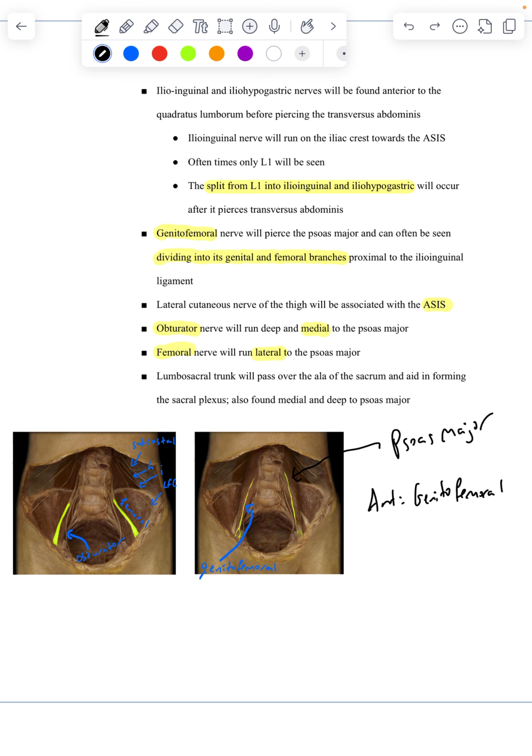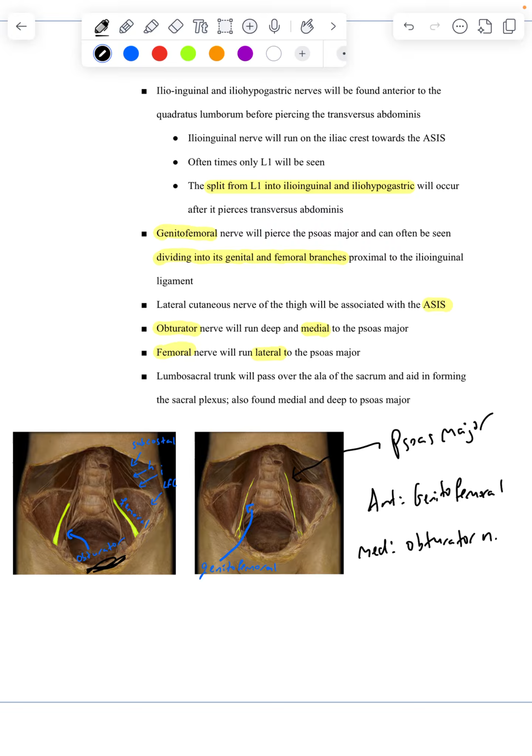So the nerve on it is the genitofemoral. The medial nerve right here going down into this obturator foramen. We just looked at the artery. This is the nerve. So medial to psoas major is going to be your obturator nerve.